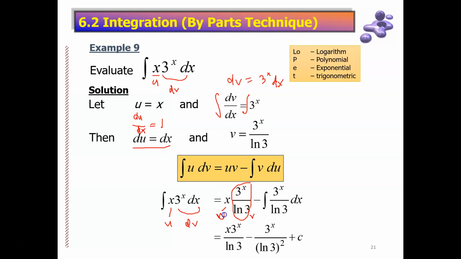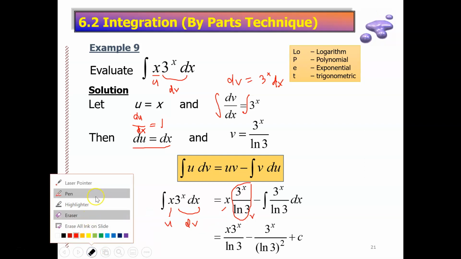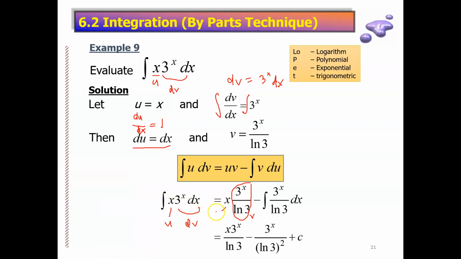This is u. Let me erase it so that you won't get confused in the notes. Okay, and then you minus integration of v du. V, again, the whole thing is your v, and this is your du.